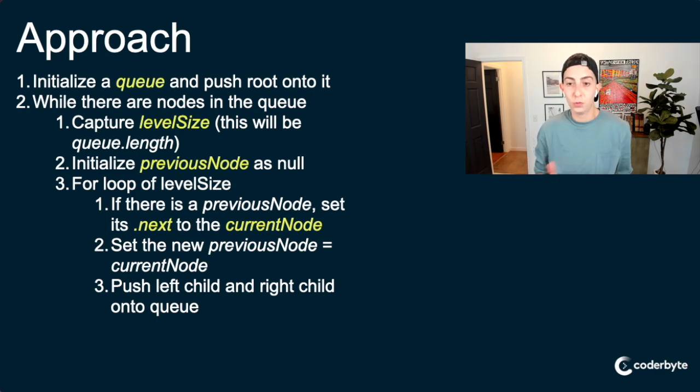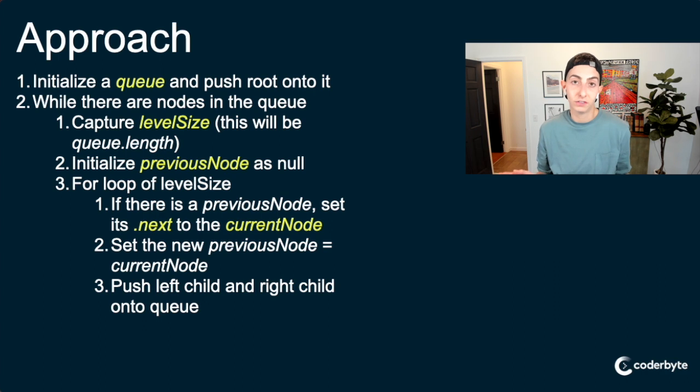So this will work because we are never going to have our last node in our level point to anything else. Its .next will never point to anything else, because by the time we get to that last node in the level, we are going to have exhausted our for loop, because we're only doing a for loop for the level size.